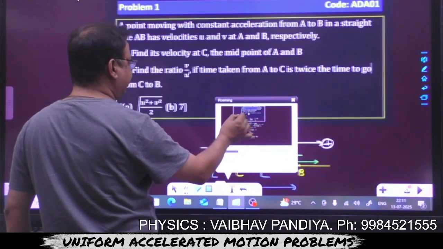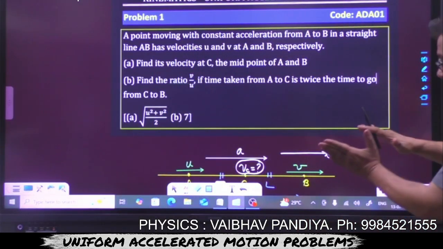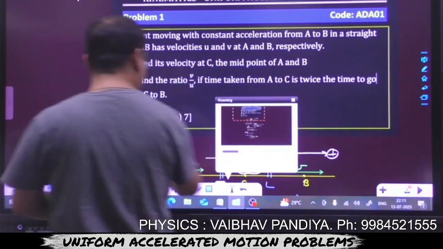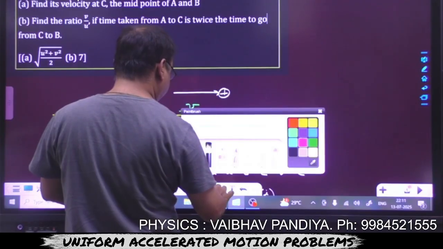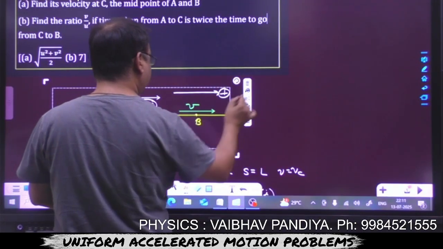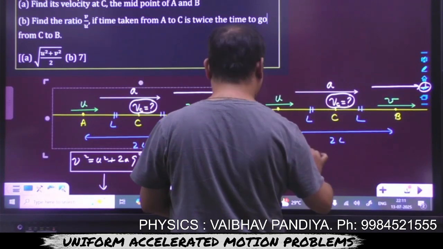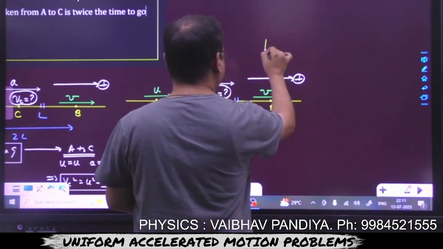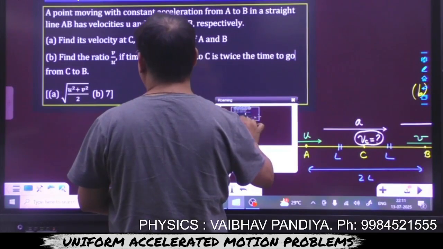Part B is to find the ratio v by u if the time taken from A to C is twice the time to go from C to B. Okay. The second part involves the determination of the ratio v by u.